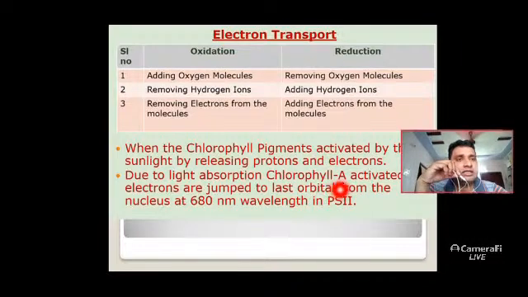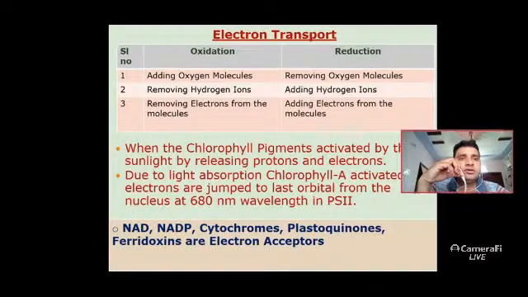So that means electron transport starts from photosystem 2, because only in photosystem 2 are the electrons and protons released at the stage of photolysis of water. That is the reason electron transport starts from photosystem 2, that means at the wavelength of 680 nanometers.